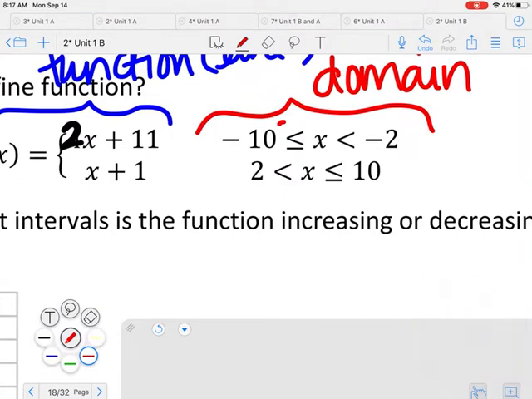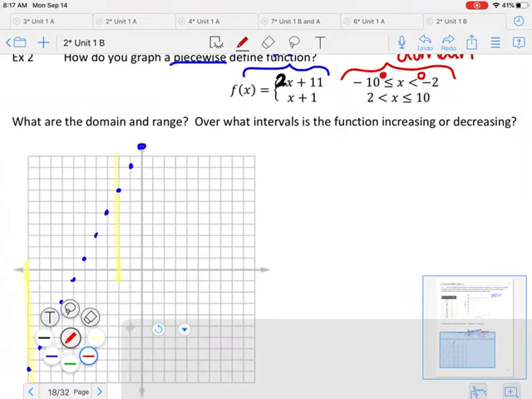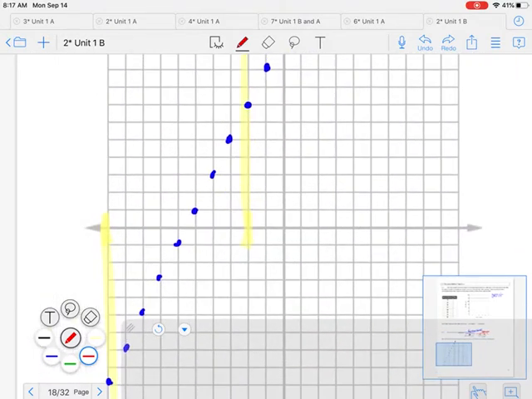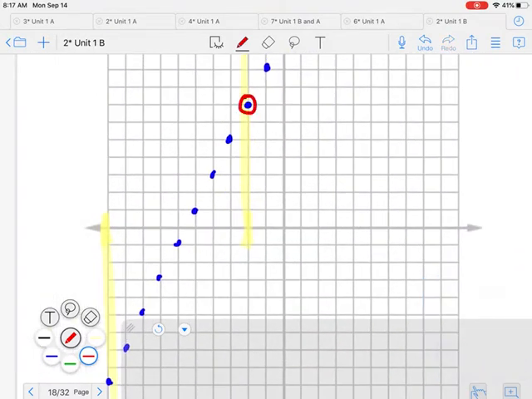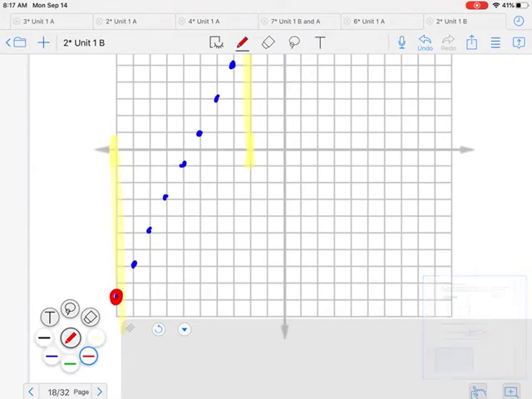This would be a closed circle on the -10 and an open circle on the -2 because the inequality does not have the equal sign. So I'm going to come back over here and I would have an open circle on the -2, and I'm going to erase that guy, and a closed circle on -10.